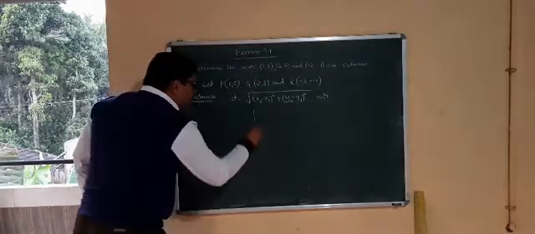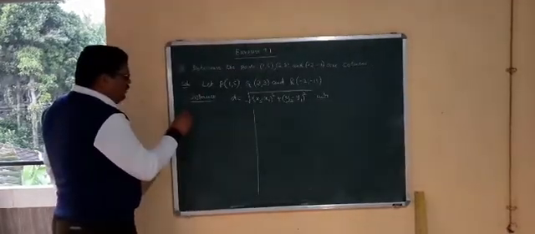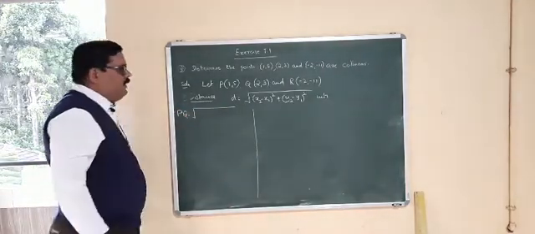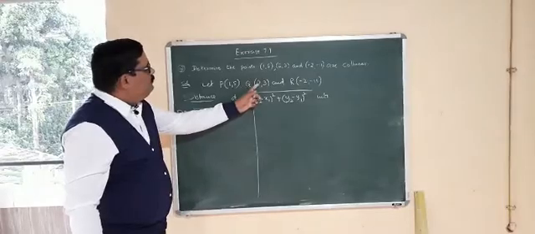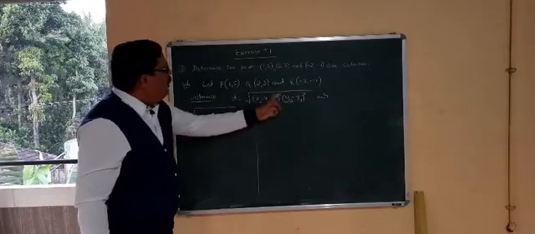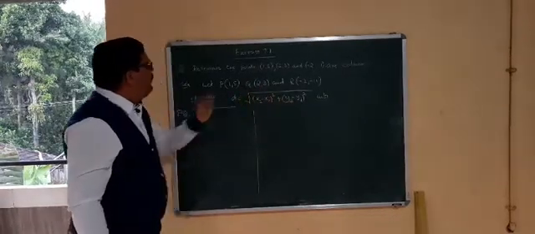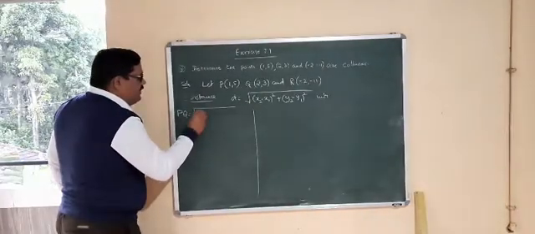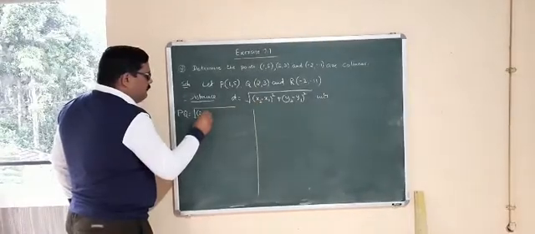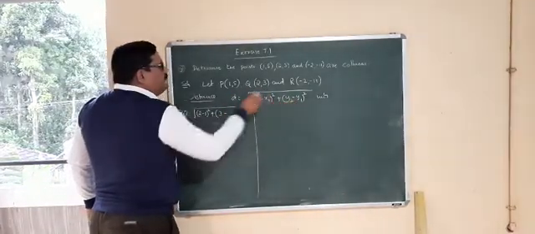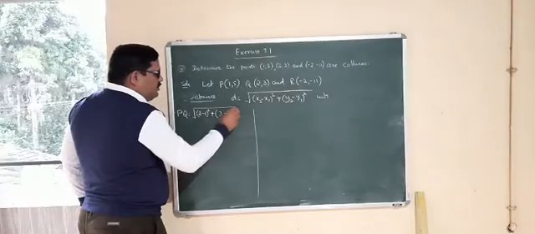So now we have to find PQ, that is the distance between P and Q. For this purpose x2 is 2, x1 is 1, y2 is 3 and y1 is 5. So substitute these values: (2 minus 1) square plus (3 minus 5) square.